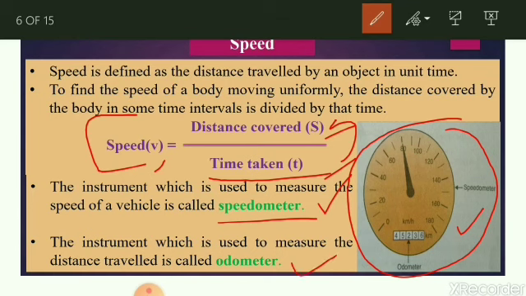So the speedometer tells us the speed of a vehicle and the odometer tells us the distance traveled by that vehicle.